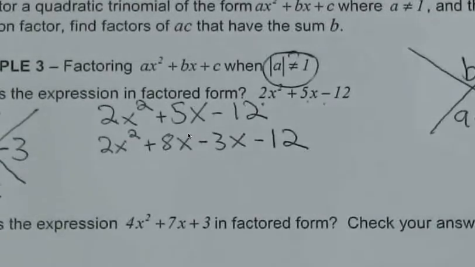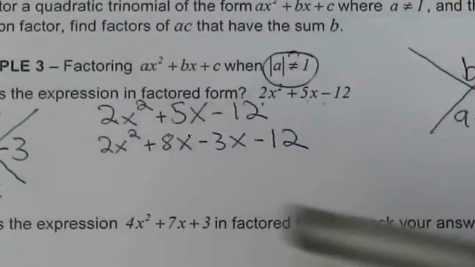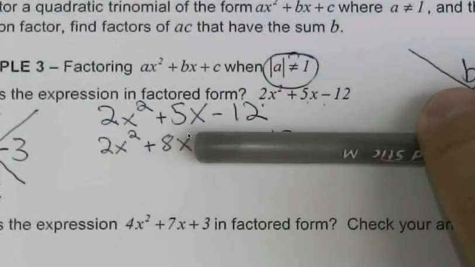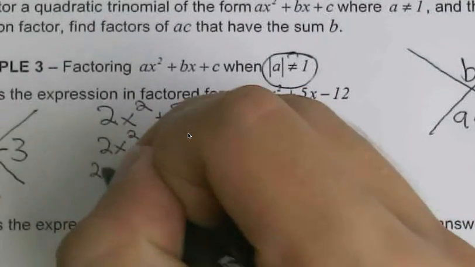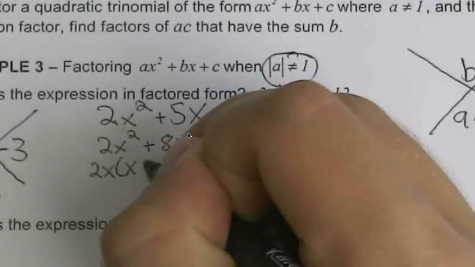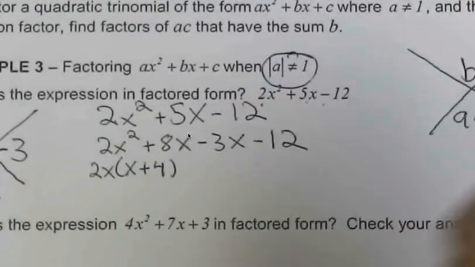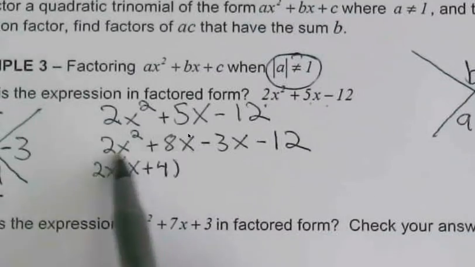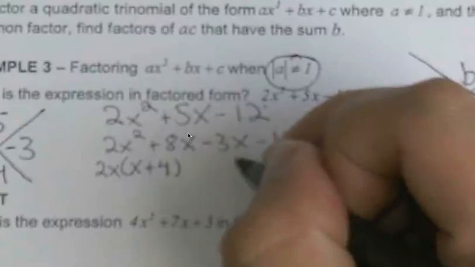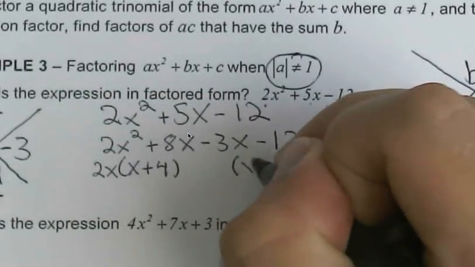And from here, this is going to be factoring by grouping. So you might have seen that in Algebra 1, but if we factor by grouping, it's as if we're taking the greatest common factor from these first two terms, which in this case would be 2x, leaving us with x plus 4. If you've factored the first two terms correctly with their greatest common factor, ideally the binomial over here has to be the same.